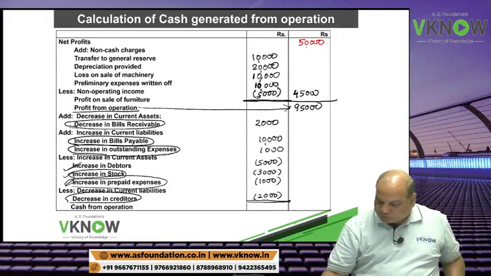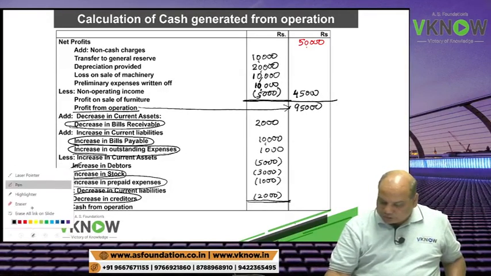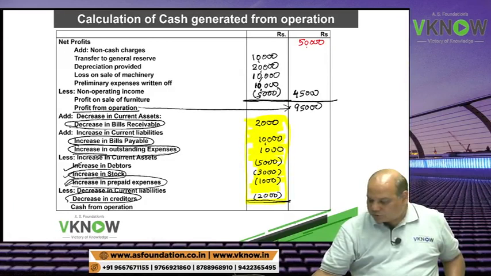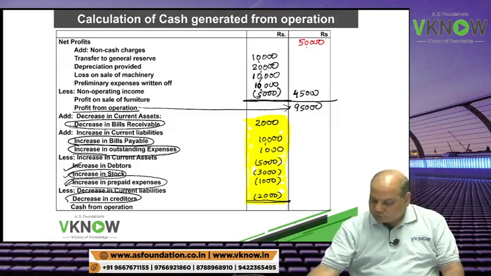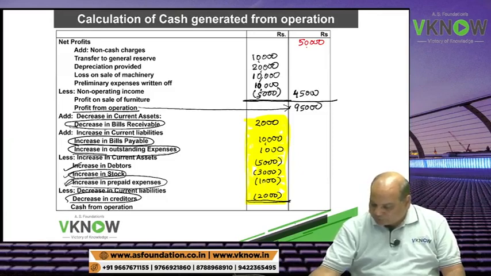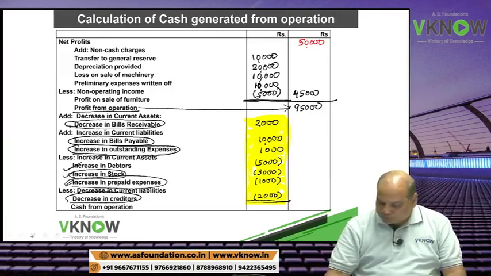Now, dear student, what you do? Take the total of these items in the outer column. Can you please guide me how much is the net total of these items? 2 plus 10, 12 plus 1, 13 minus 5, 8 minus 3, 5 minus 1, 4 minus 2, 2000.